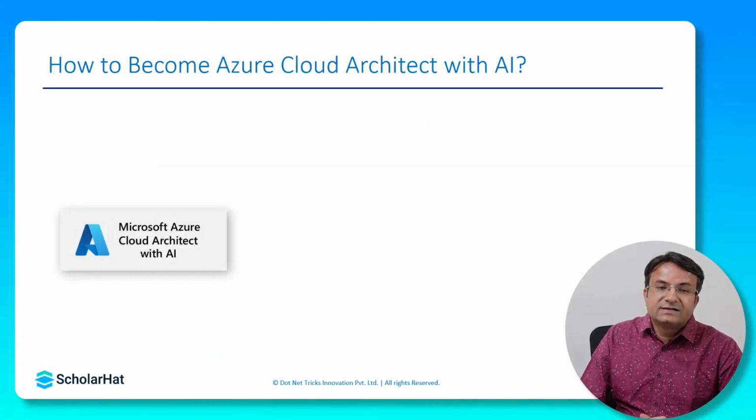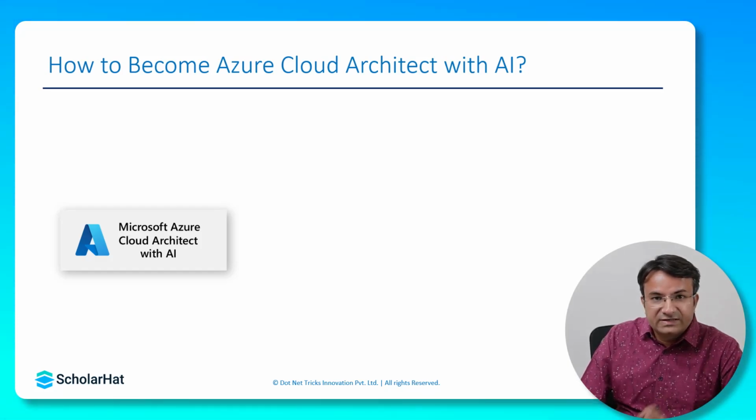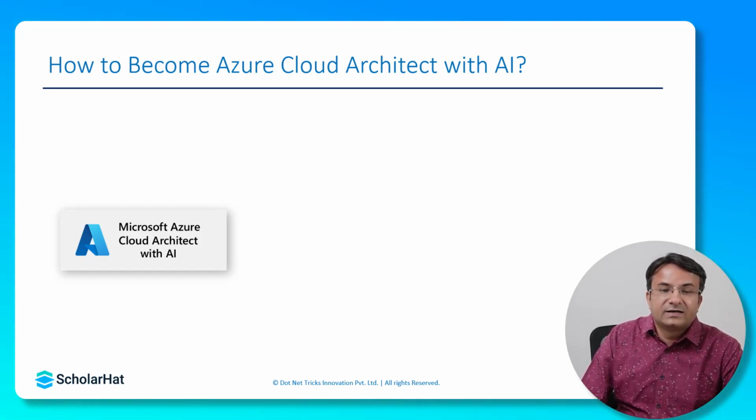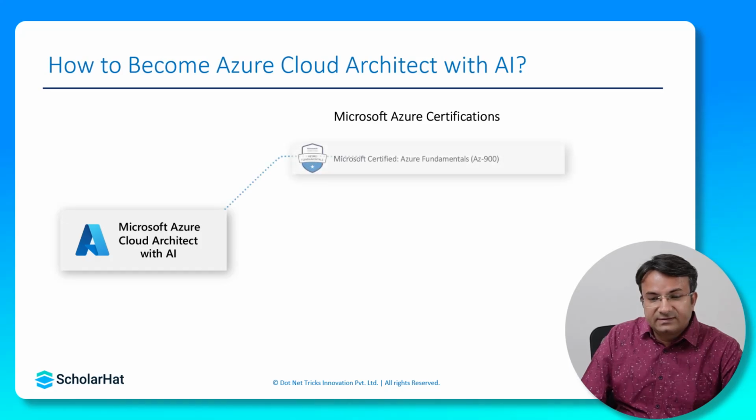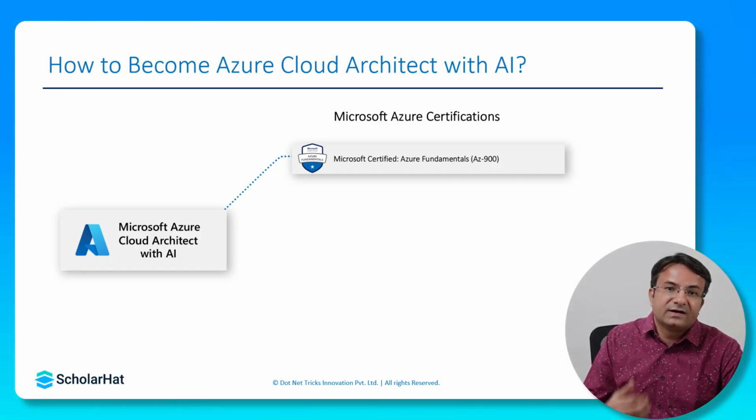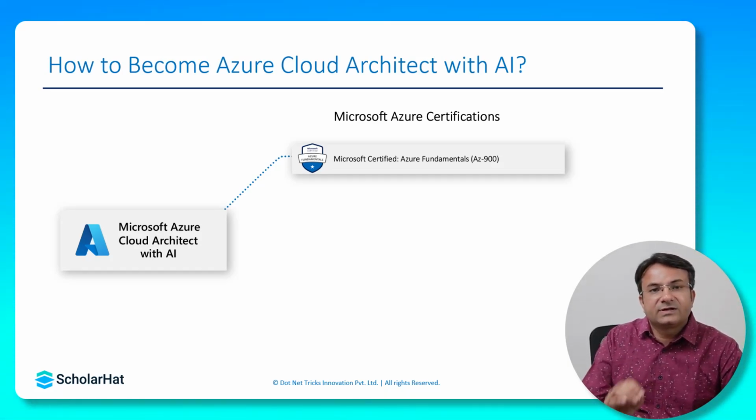So now the question is, how to become the Azure Cloud Architect with AI? What are the various certifications and training I should do? In this case, we have the Microsoft Certified Azure Fundamentals training. This is for knowing the fundamentals of Azure Cloud. This is completely optional because it is completely theoretical, but you should know it if you are getting started with Azure from the beginning.